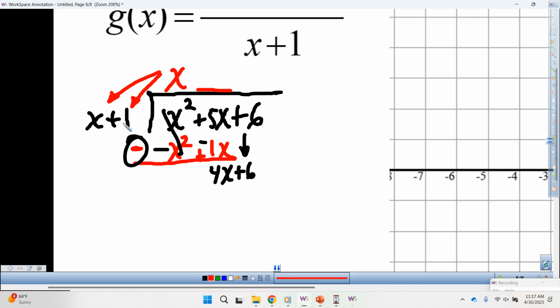What number times x gives me 4x? 4. So 4 times x is 4x, and 4 times 1 is 4. Subtract. Distribute that here and here. So this cancels. And we're left with 2 as our remainder.